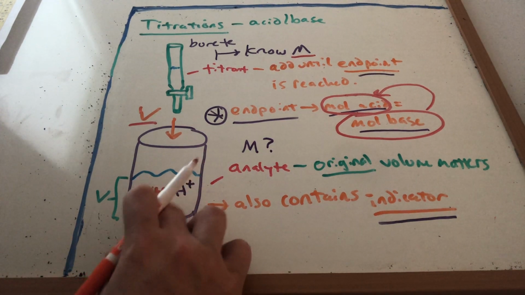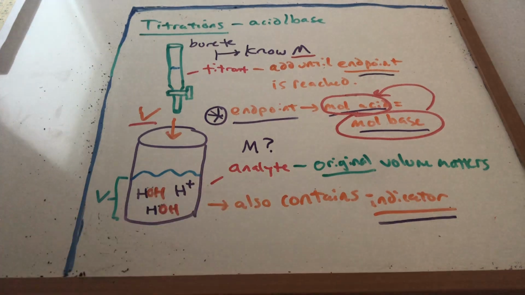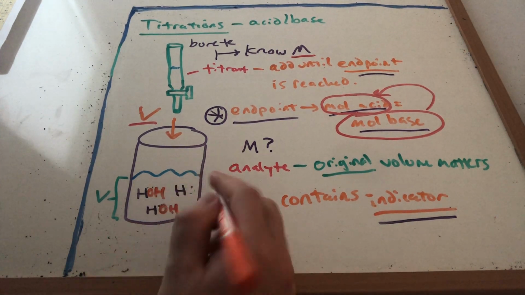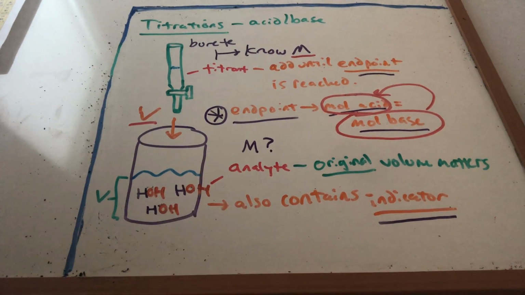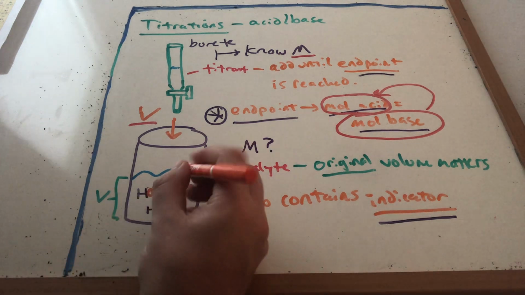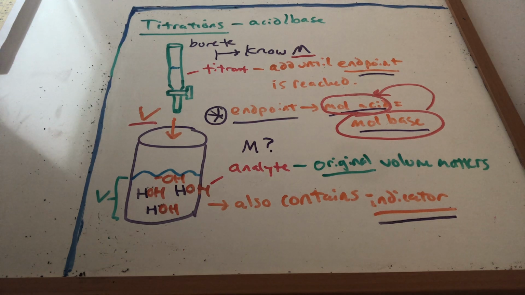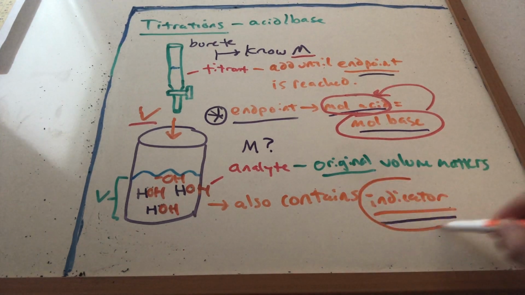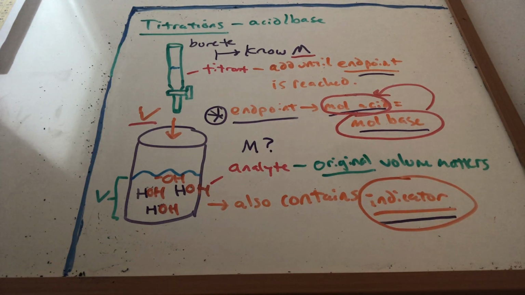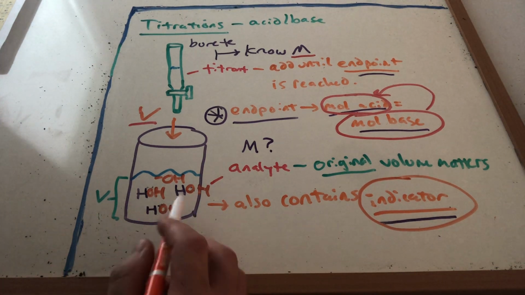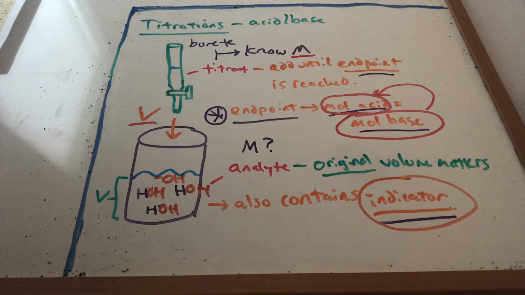I put in another OH minus, I make another HOH. I put in another OH minus, I make another HOH. Then I put in another OH minus and there's no more acid for it to react with. And there's also an indicator in there. That's the point that the indicator would change color. And it would say, hold on a second, your previous drop of OH minus, that's when the moles of base were equal to the moles of acid.